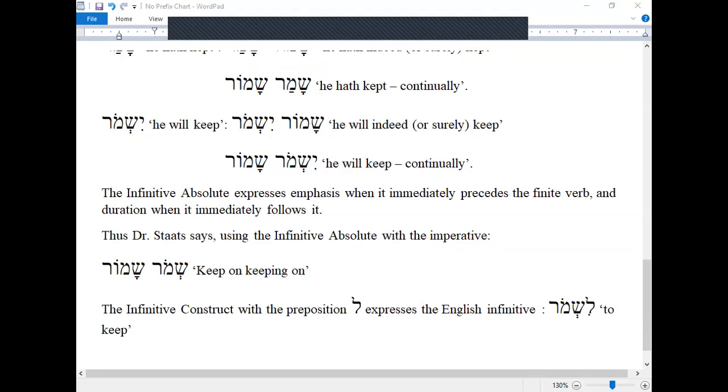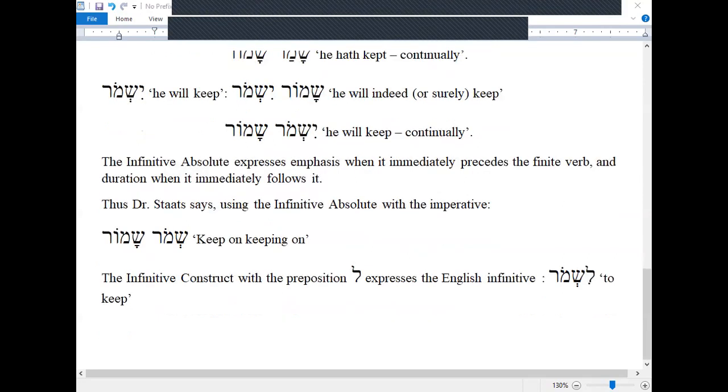And I would encourage people studying Hebrew, don't give up. Just keep on pressing on every day, looking and trying to advance in Hebrew. Again, we had pointed out that the infinitive construct appears with the preposition, lishmor, if we're using the simple infinitive, to keep.